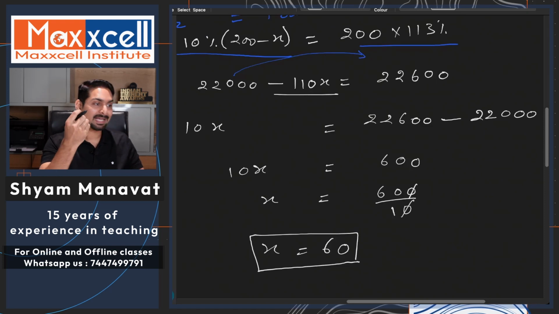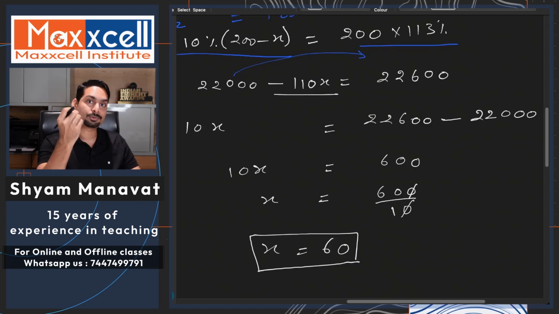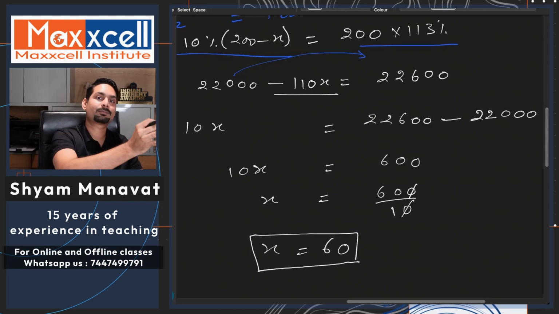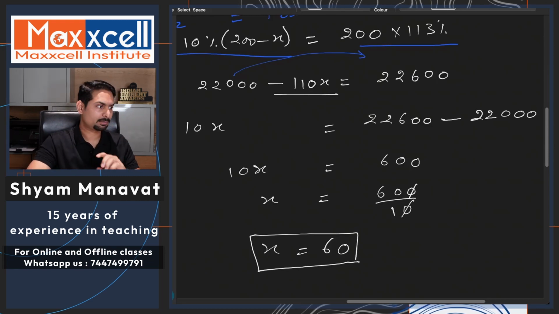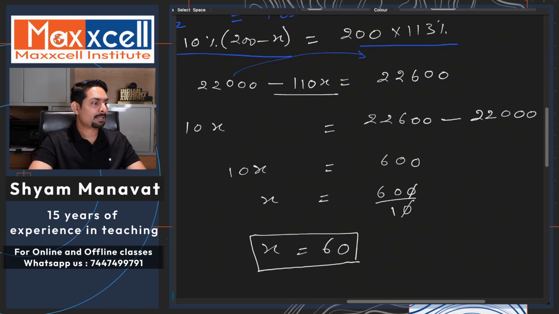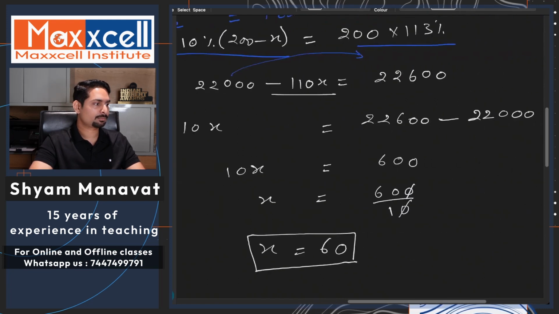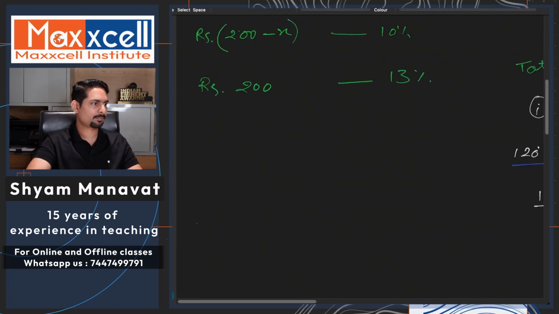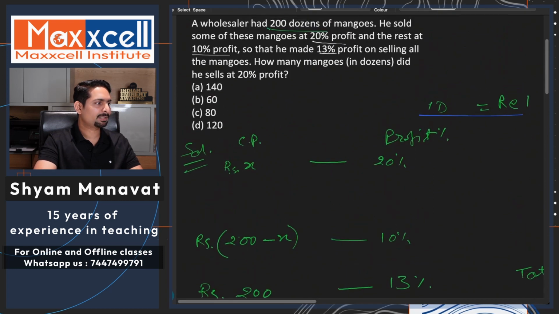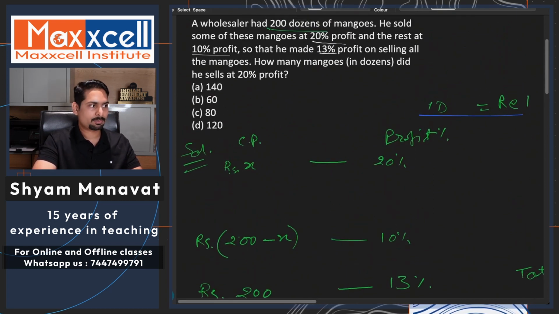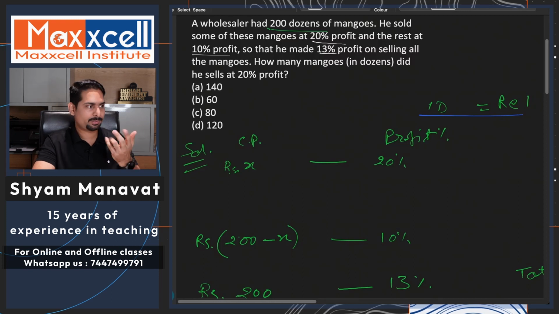Before saying that this is the answer, first let's go to the assumption where we have assumed x. Okay, so you should know what you have assumed as x. Is that matching with what the question is asking about? Directly don't mark the answer, right? So what have we assumed x to be? X is the quantity. First of all, we have assumed the quantity and then we multiplied by 1 rupee, so made it cost price.